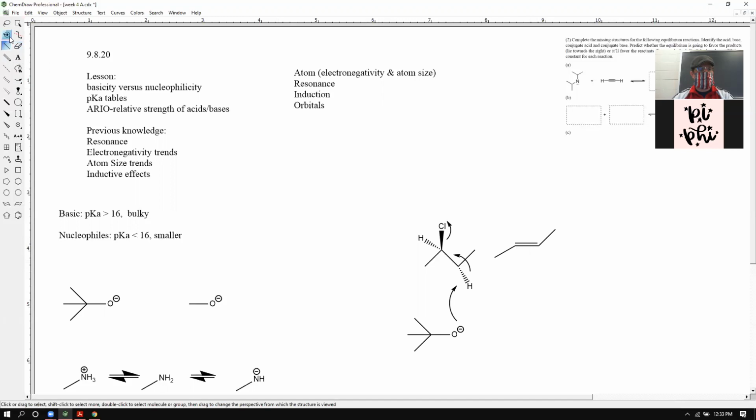Now, in the case of this negatively charged methoxide here, there's plenty of room for it to undergo a nucleophilic attack. It's small enough to sneak in there and attack the carbon itself. So instead of just removing a proton, it goes in, backside attacks the carbon here, and thus removes the chlorine, exchanging it in its place.